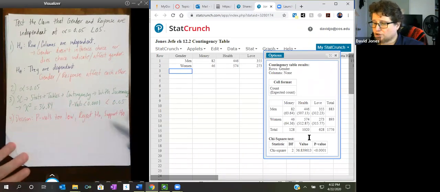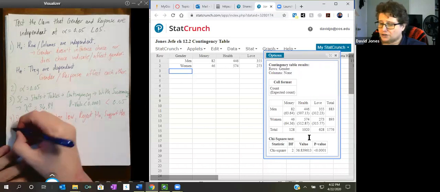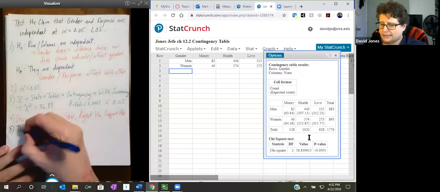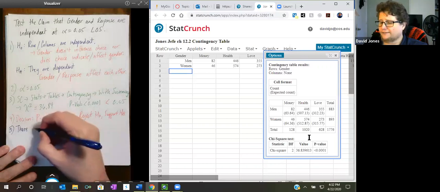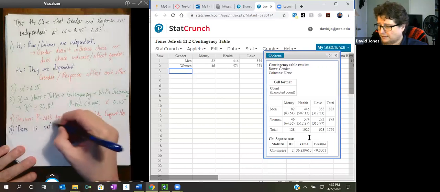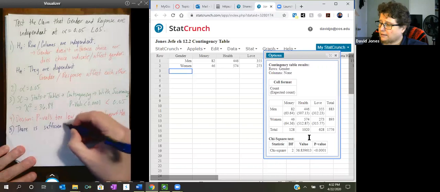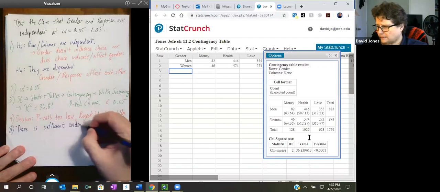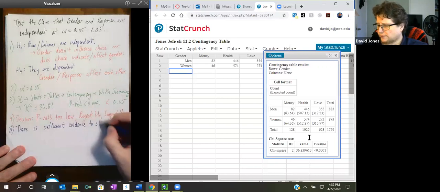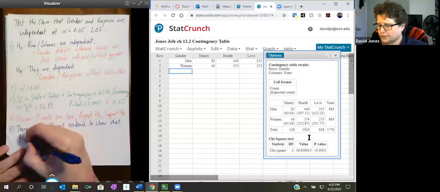HA was gender affects response, or there is a relationship, there is a dependency, or there is sufficient evidence to show that gender and response are dependent.